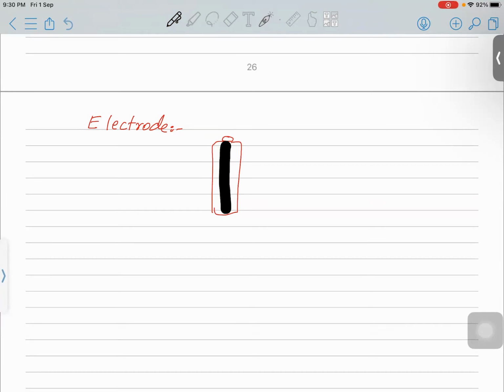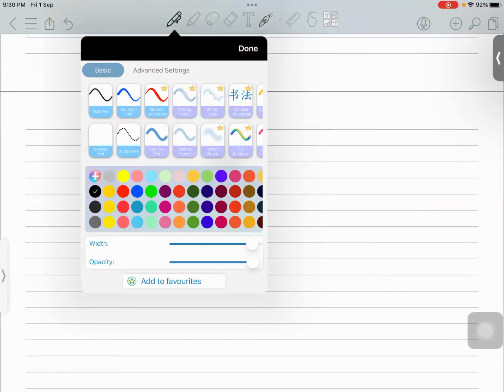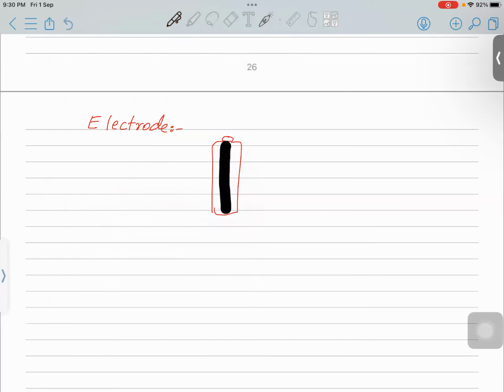Do you have a pencil cell, the one used to run a wall clock? Oh, yes.